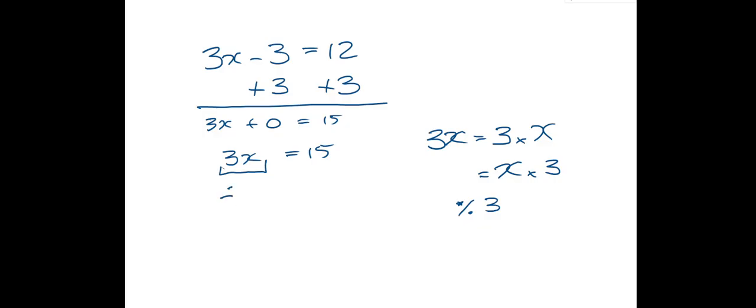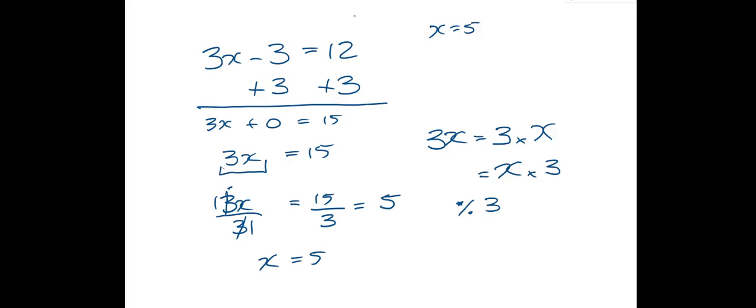So 3x divided by 3, the whole thing has to be divided by 3, equals 15, and now the whole of the right hand side has to be divided by 3. These are going to cancel, they're not going to disappear, they're just going to go to 1. And 15 divided by 3, if you know your times tables, that's 5. So x equals 5. Let's test it.